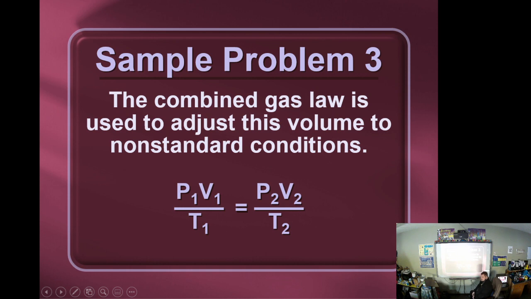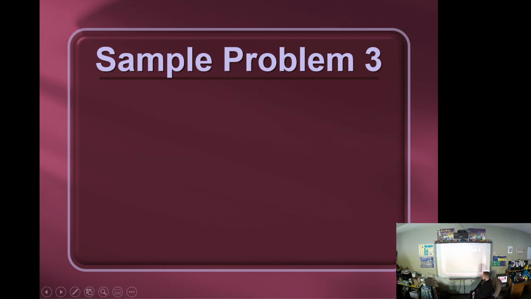Do you understand? So standard conditions for P1 is what? What is standard pressure? Standard pressure is 760 torr, or 1 atmosphere, or 101.7 kPa.